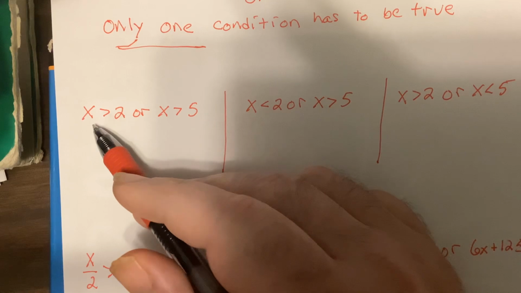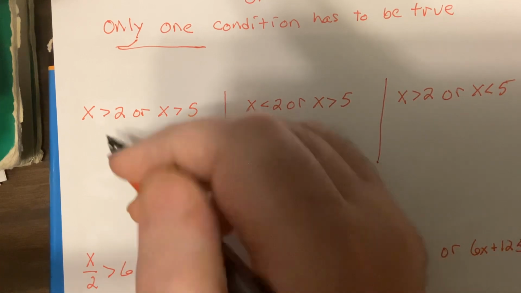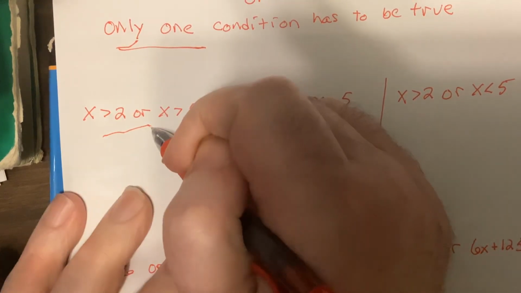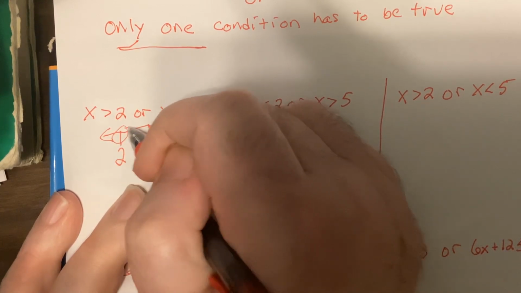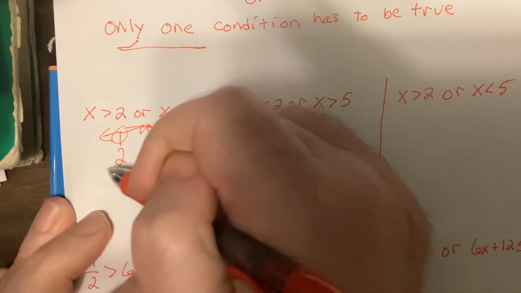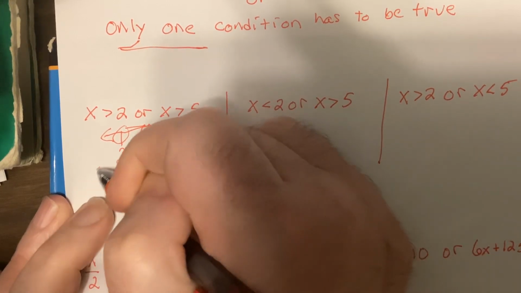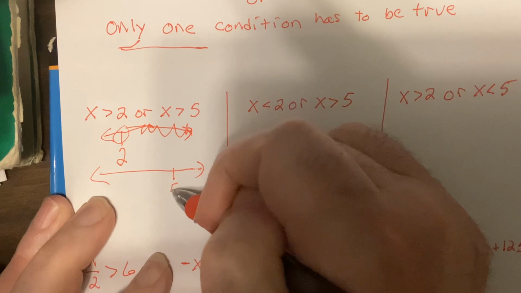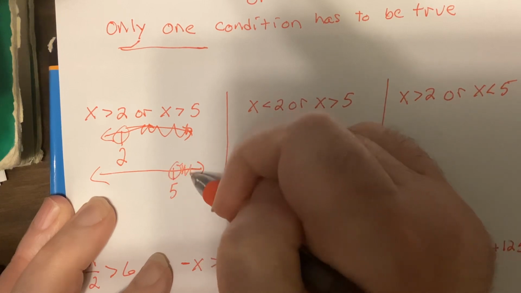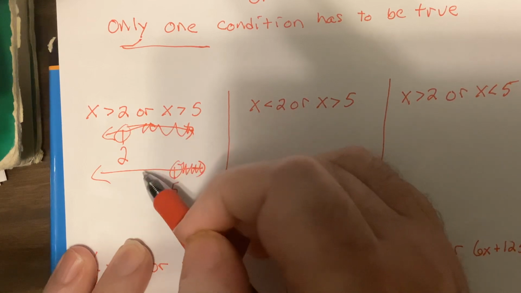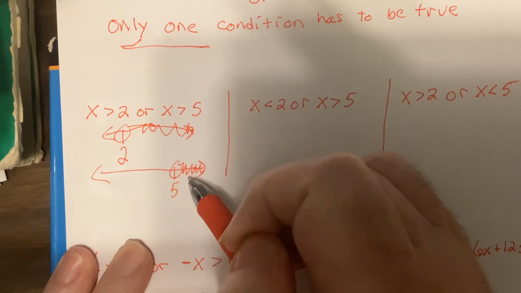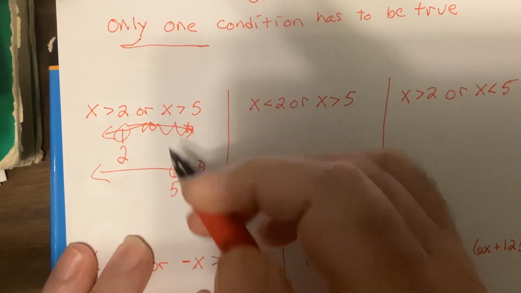Either you have the inequalities going in the same direction. So we have greater than 2 and greater than 5. And or is wherever there's shading. So everything here would take care of everything here. 5 is already bigger than 2.